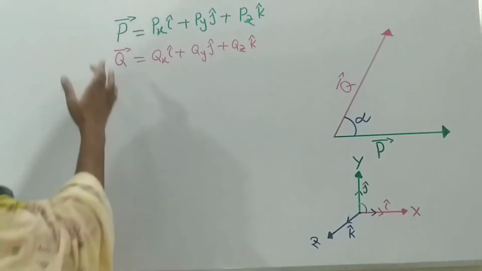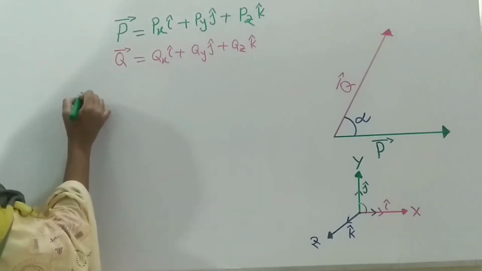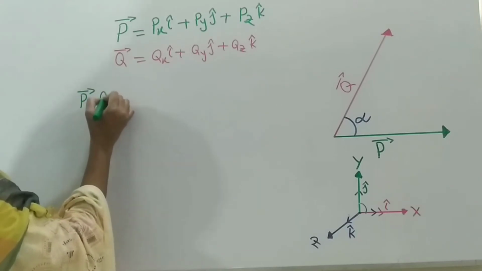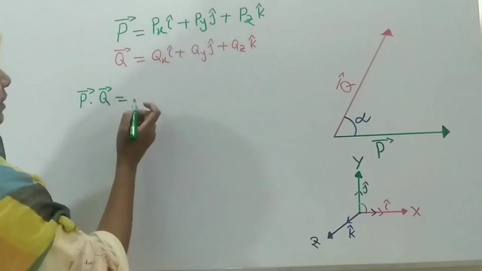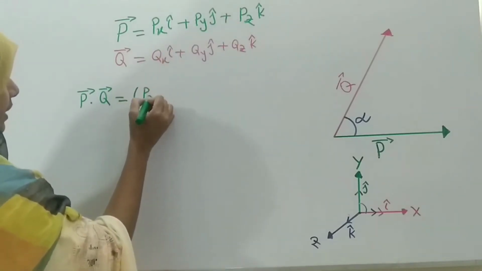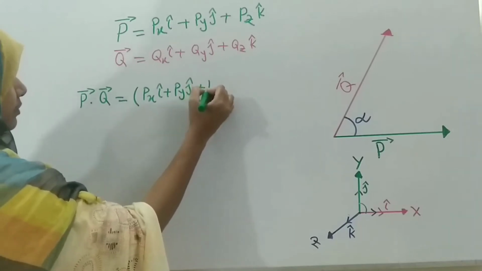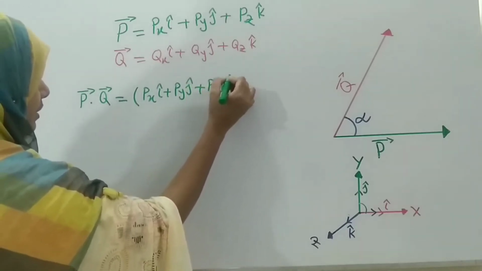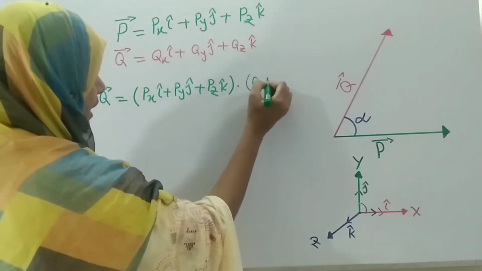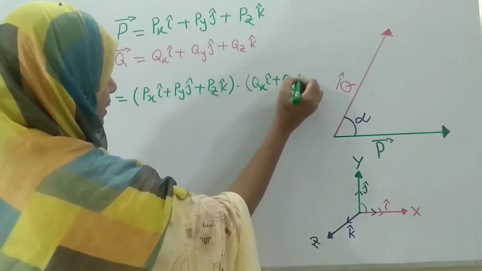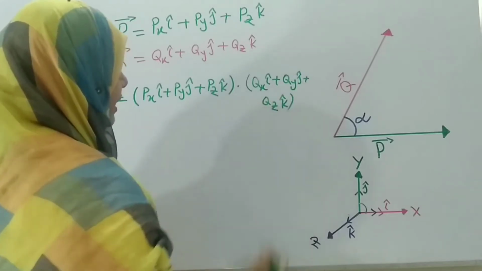Now I am going to multiply these two vectors. So we can write that P dot Q is equal to, P means this, that is Px i plus Py j plus Pz k dot Q. Q means Qx i plus Qy j plus Qz k.